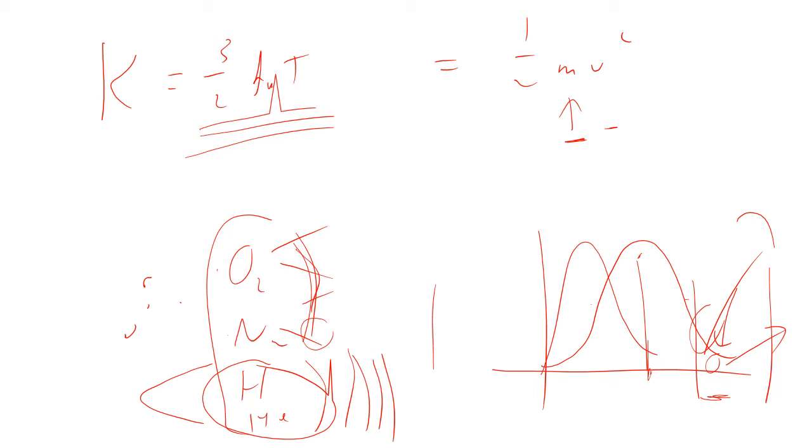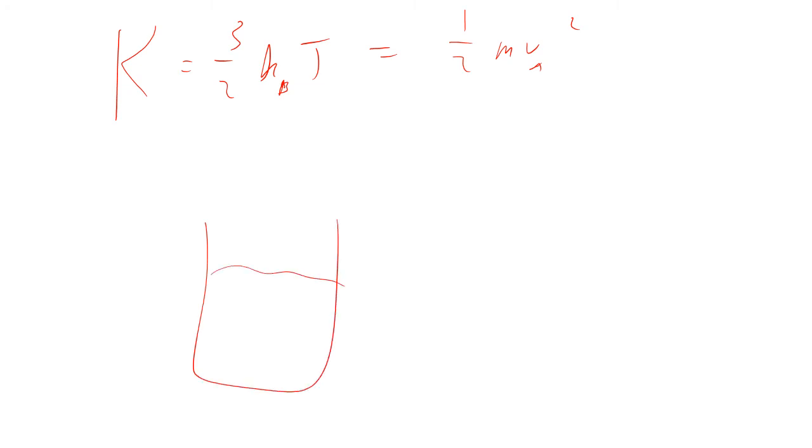It's kind of interesting. The other thing is we know that 3/2 kT, this is related to ideal gases, so this is related to the average kinetic energy, but it also relates to other things. It's a similar concept for other objects. Even with a liquid, the molecules are bouncing off of each other, and so some gain energy, some lose energy.